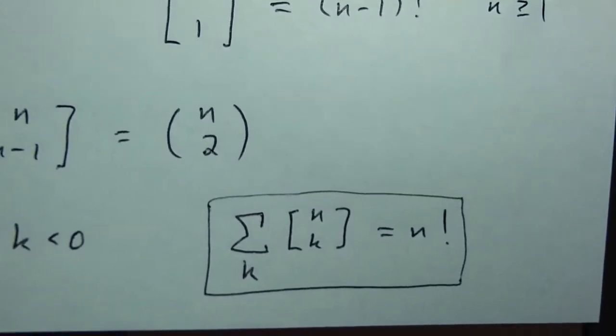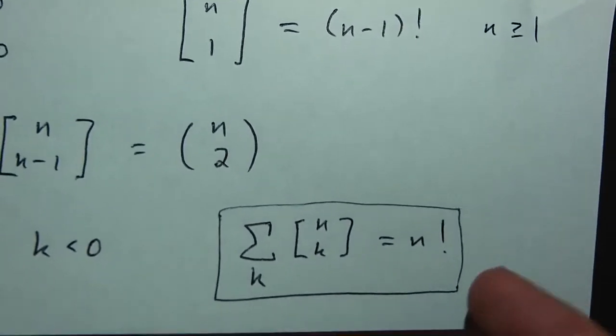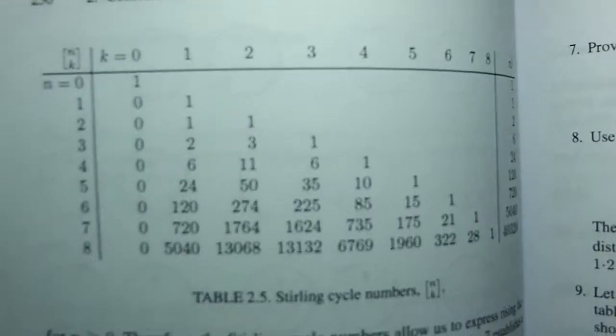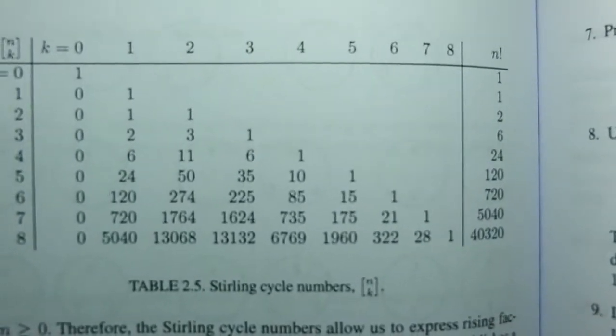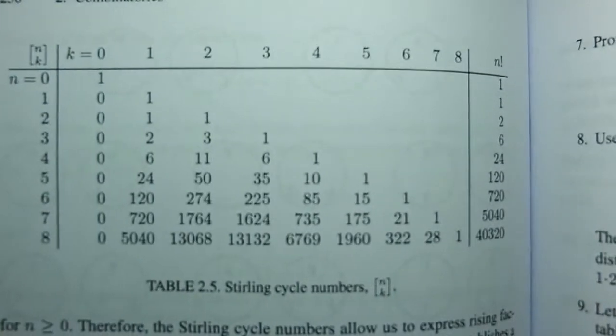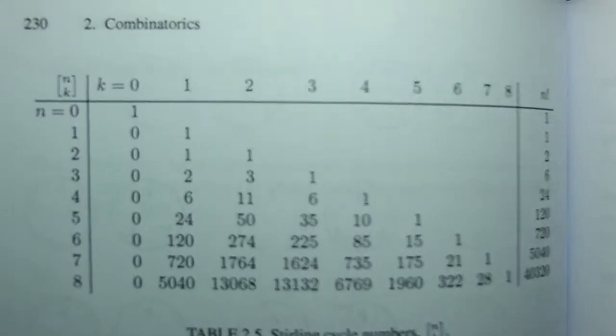So summing across all k is including all of the permutations, and the number of permutations in S sub n is n factorial. The number of permutations of n objects is n factorial. So going back here, here is our table of cycle numbers. The sum across the rows now is n factorial, for fixed n, summing across the k's.